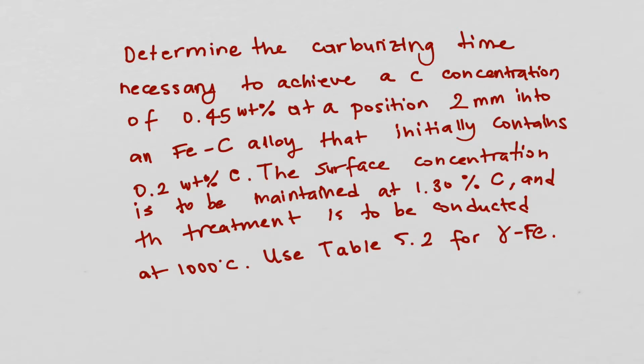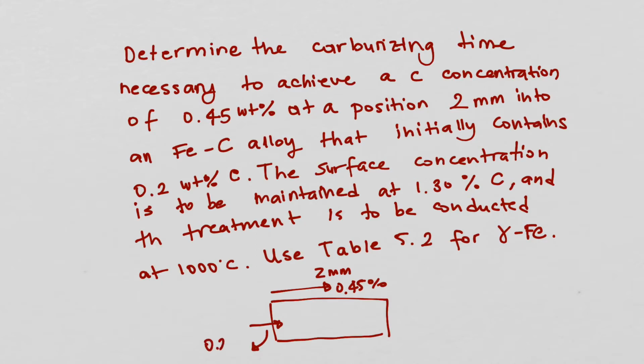Okay, let's see. So we have basically a steel, an iron carbon alloy. The carbon is going to diffuse. We are given information about the position, right? 2 millimeter depth. The concentration is 0.45%. The surface concentration of the carbon is 1.3, and the initial concentration is 0.2%.